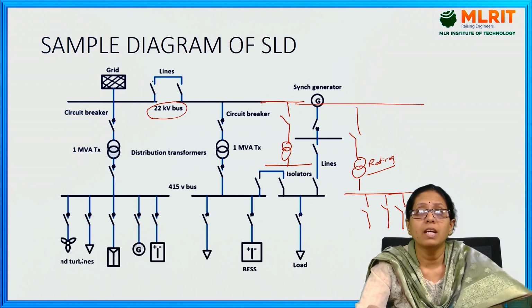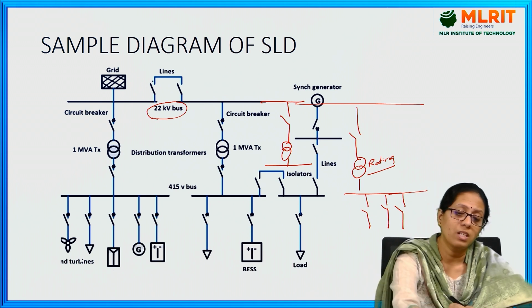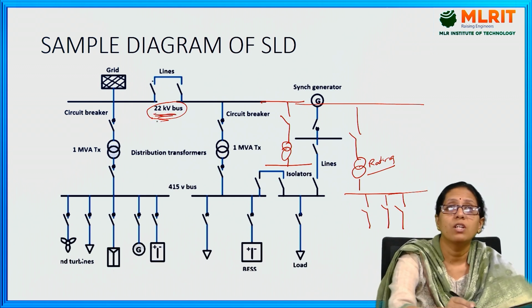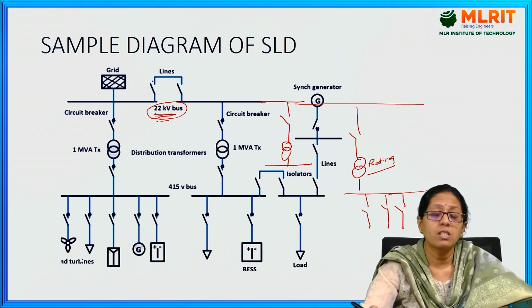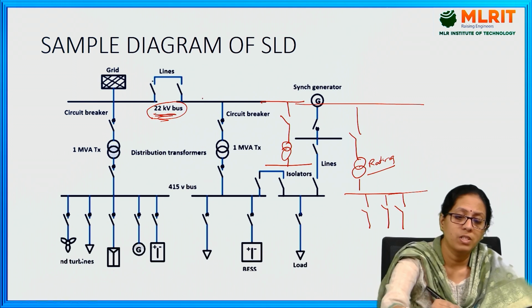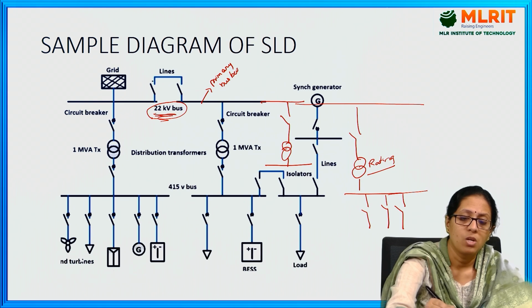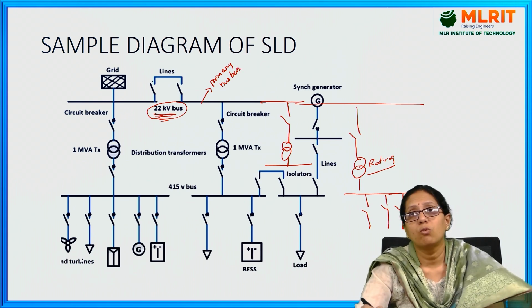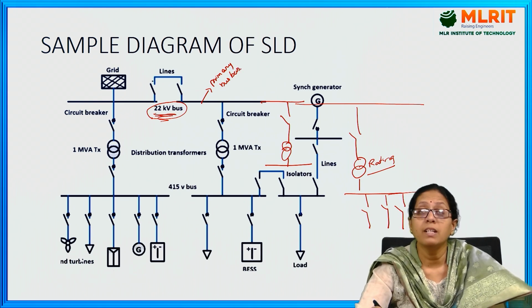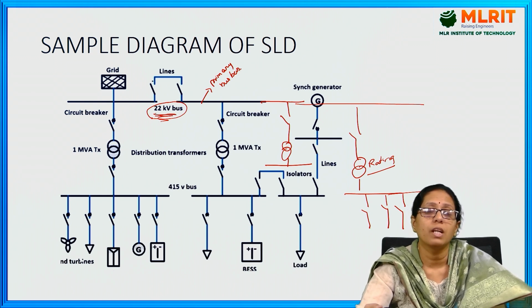Based on the expansions, we need to decide the voltage rating of the first primary bus bar. This is nothing but your primary bus bar. So, the primary bus bar voltage should be decided in order to expand in future, in order to connect more loads in future.